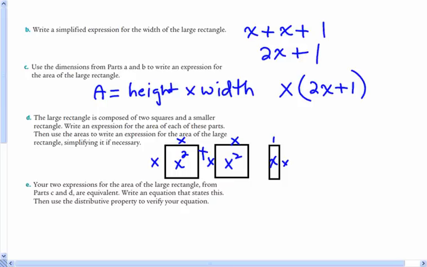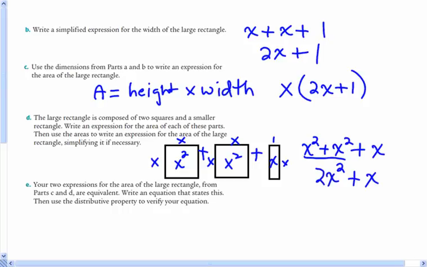And if we just add those 3 together, we get the total area. So we get x squared plus x squared plus 1x. Okay? And we can simplify that. x squared plus x squared is the same as 2x squared. Not x to the 4th. x to the 4th would be x squared times x squared.